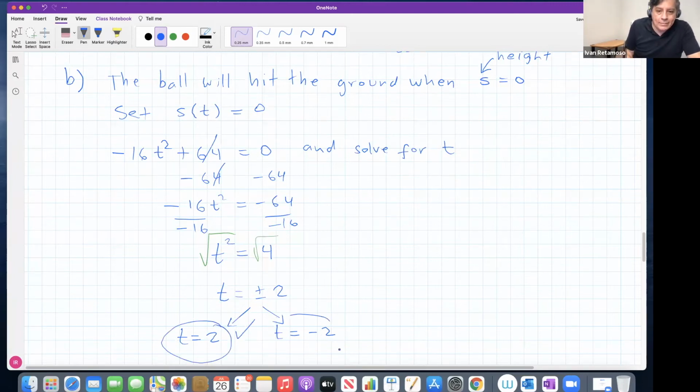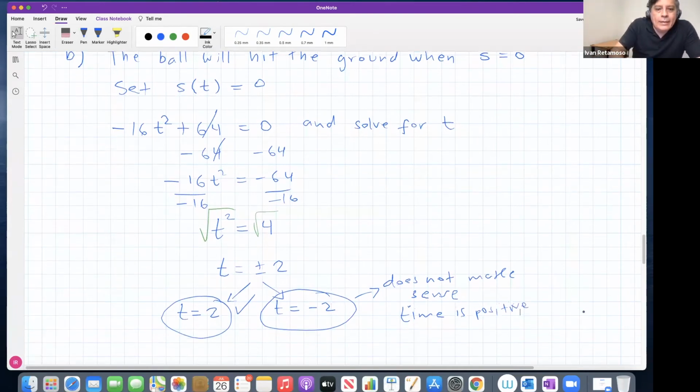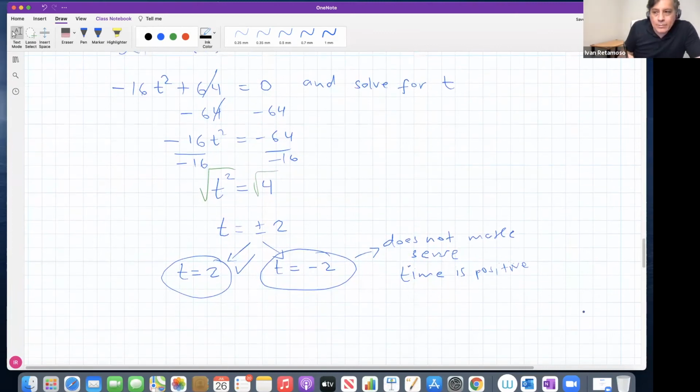This does not make sense, since time is positive. It grows in just one direction. Great. All right, so now the ball hits the ground at t equal 2. That should be our conclusion.